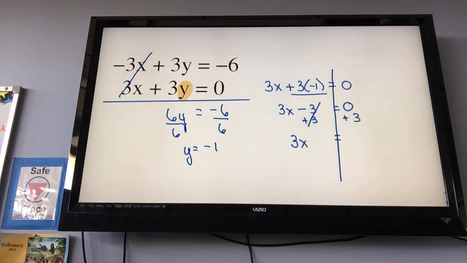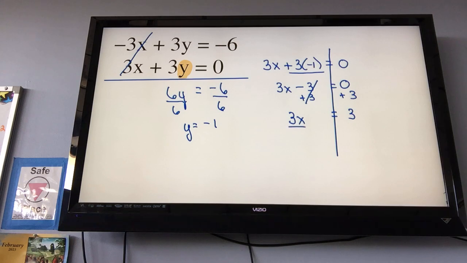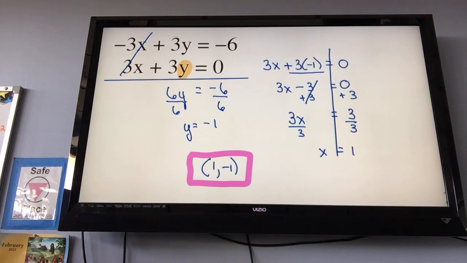Those cancel. 0 and 3 is 3. And then divide by 3. And x equals 1. So my answer is the ordered pair 1, -1. So again, write your answers as ordered pair x comma y.